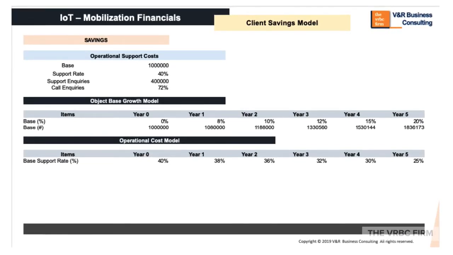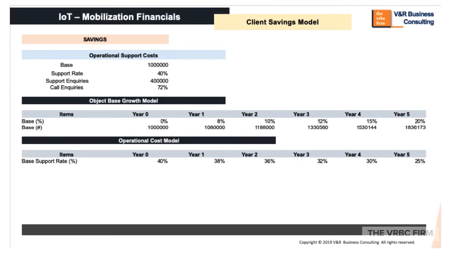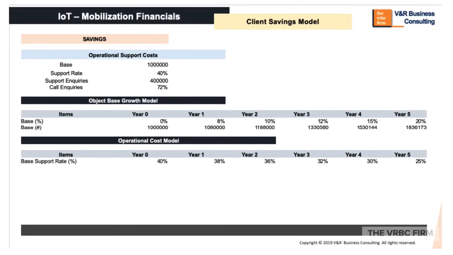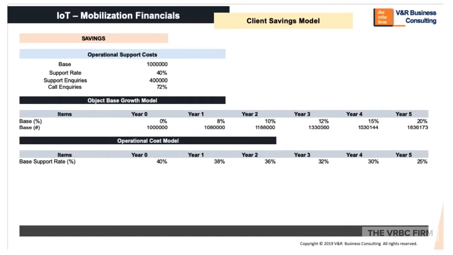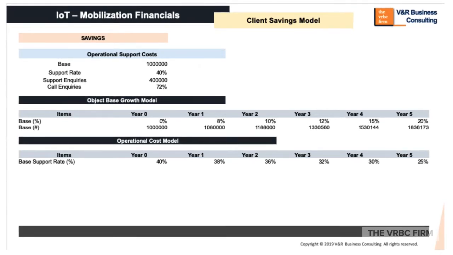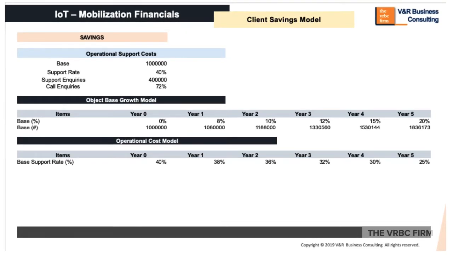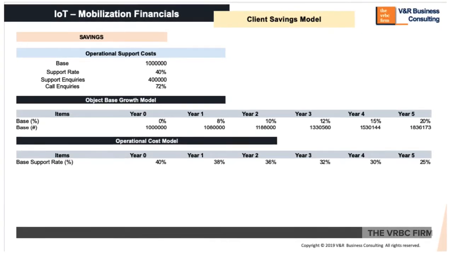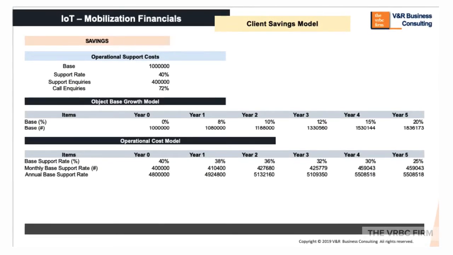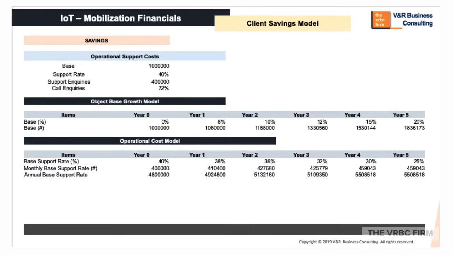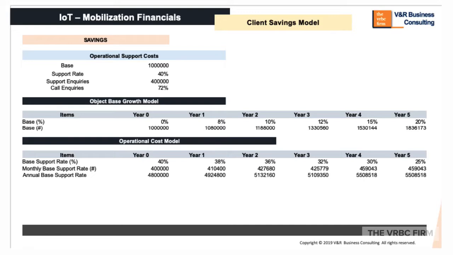Perhaps there's a plan to release complex devices in future, or perhaps the plan is to introduce new products to new markets where a lot of product education and hence a lot of support will be required in the early days. The baseline amount of inquiries per month is 400,000, as we said, which works out to 4.8 million per year, growing at the captured rate annually.